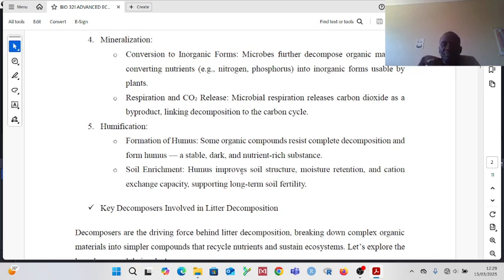It improves the ability of the soil to retain moisture. It also improves the cation exchange capacity of the soil. So in essence, humus will support long-term fertility of the soil. When soil has more humus, then in the long term, the fertility of that soil can be enhanced.